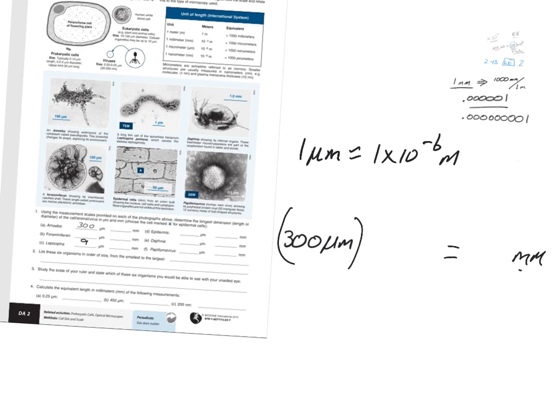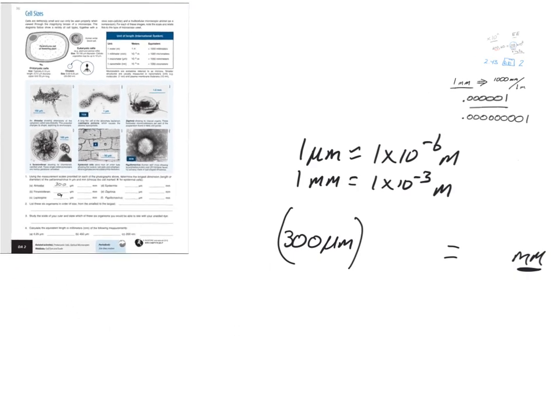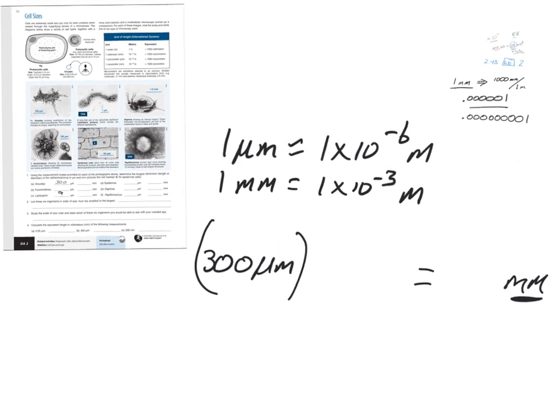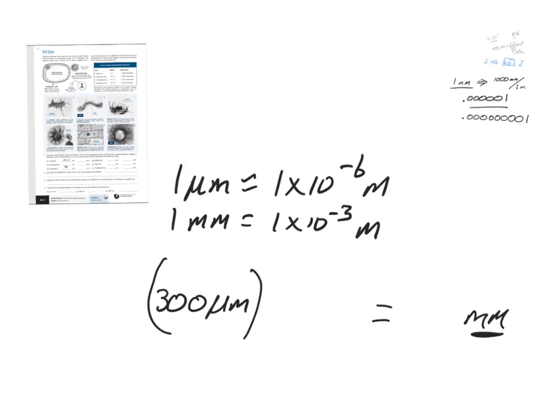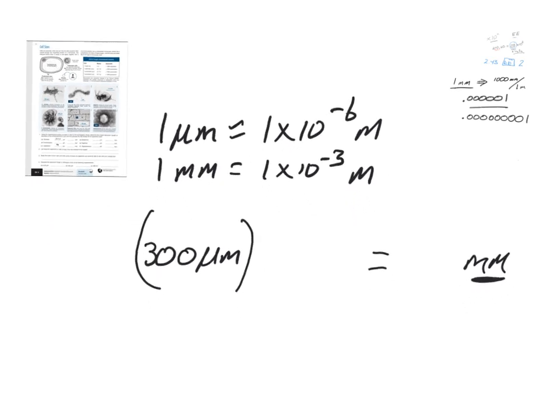Now, that still doesn't get us to millimeters, but we do know that 1 millimeter equals 1 times 10 to the negative 3 meters. So with these two equalities we can make a conversion factor. And these conversion factors can help us get to our millimeter goal.